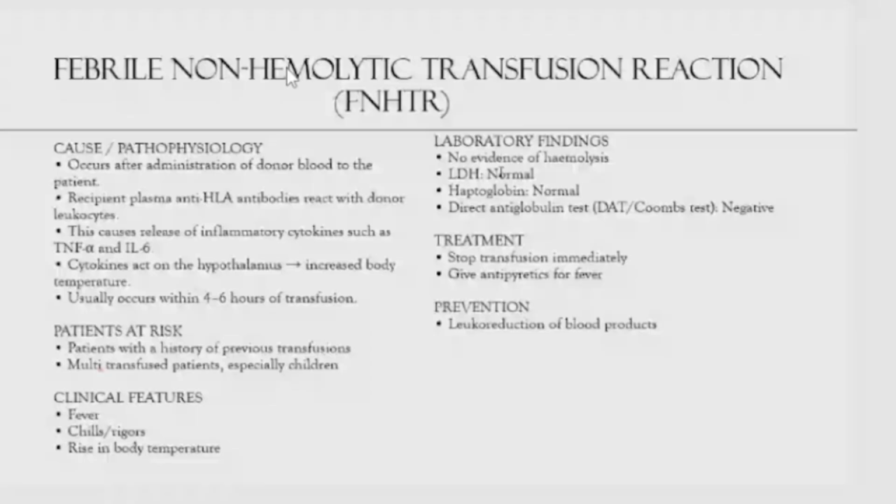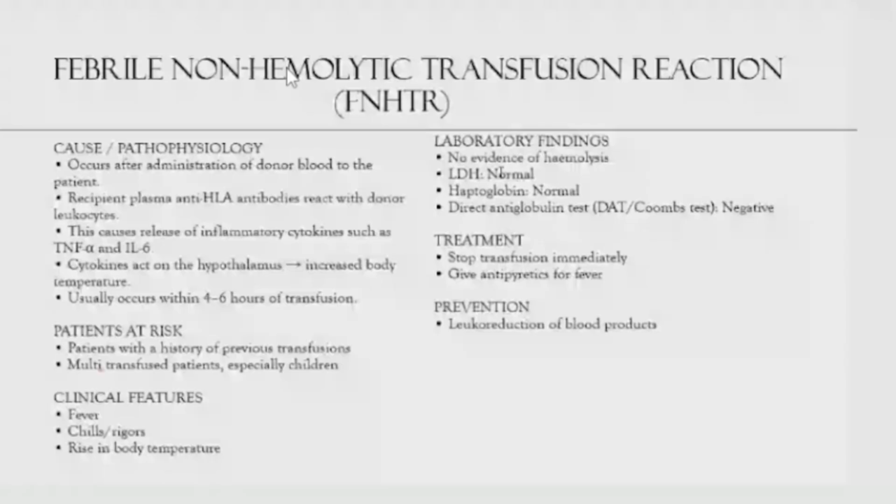Then lab tests. See the title. It is written non-hemolytic. That means there is no hemolysis of red blood cells. Whenever a red blood cell is hemolyzed, or whenever any tissue undergoes destruction, it will release certain components into the bloodstream.